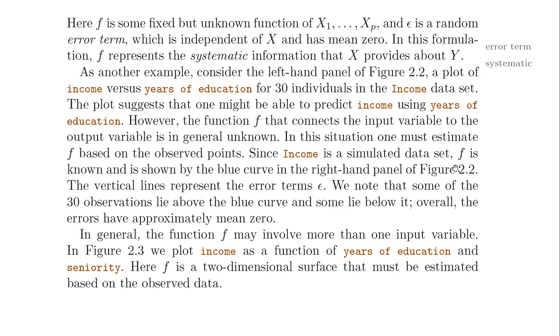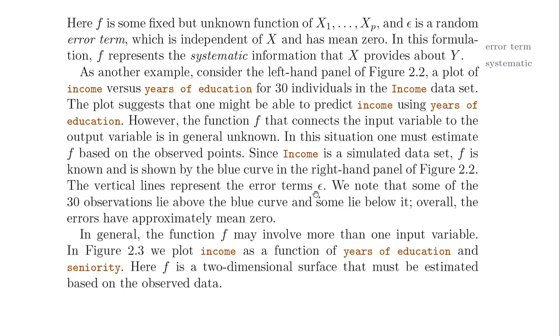Since income is a simulated data set, F is known and is shown by the blue curve. So that's F. F is the systematic representation. The vertical lines represent the error terms epsilon.